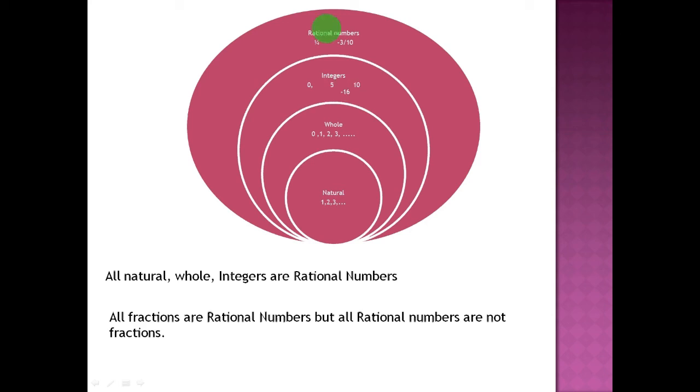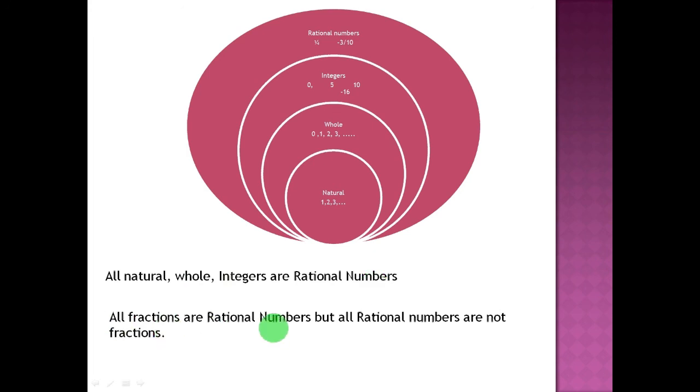Again these integers are all present in rational numbers. It means natural numbers, whole numbers, and integers, all three are present in rational numbers. These all three are rational numbers. So all natural numbers, whole numbers, and integers are rational numbers.